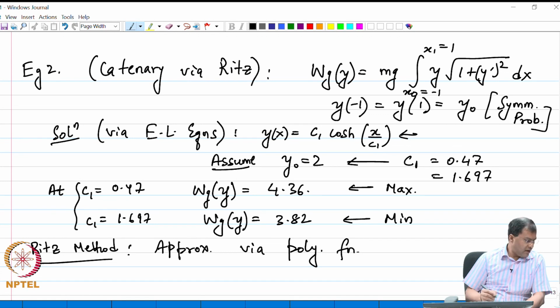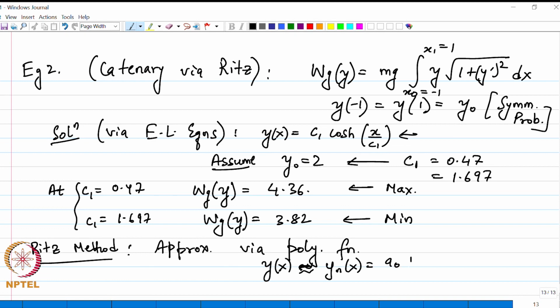So I am going to say that my y of x is approximately equal to yn of x, and yn is a0 plus a1 x, and so on, plus a2 x square and so on.